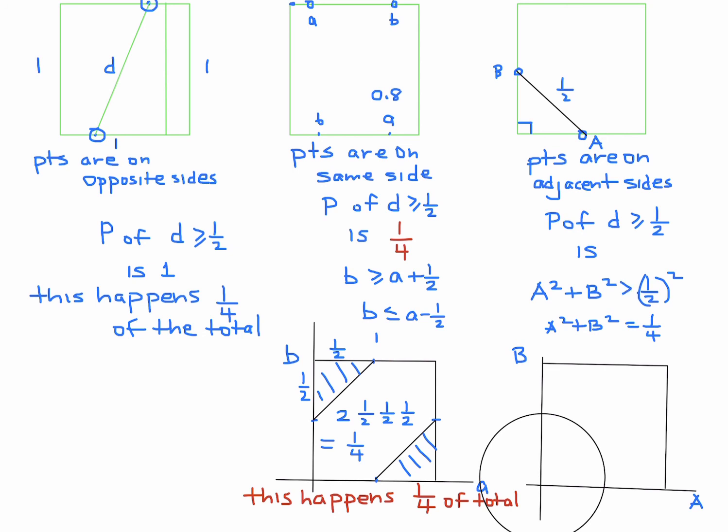So it's like this. Now on this graph, if A plus B was equal to a half, it'd be just that line right there, that part of the circumference. But it's greater than, so it's basically this whole region right here. And that is the area we have to figure out. Well, that area will be as follows. I'll do it over here.